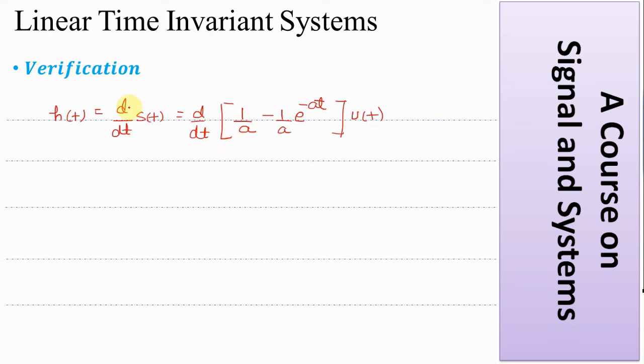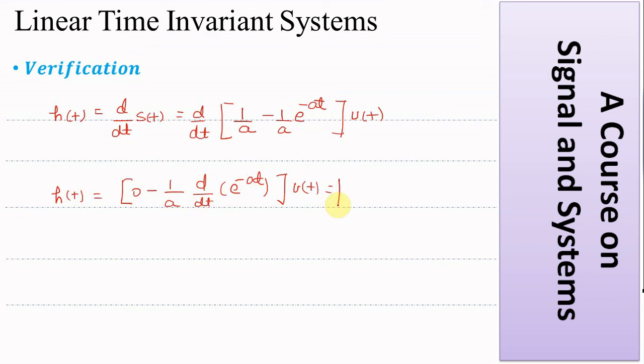That differentiation shall yield me h(t) equal to, so first part is 0, and in the second part, the constant part shall remain. It's the first order derivative of e raised to the power minus at with respect to t, and u(t) shall remain.